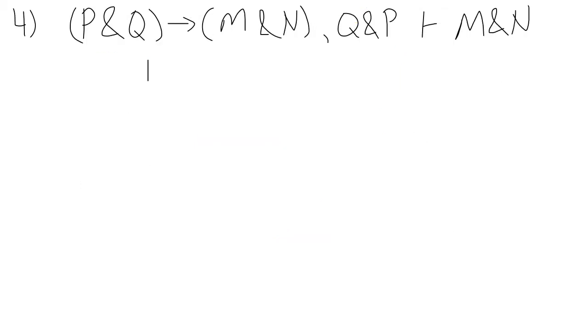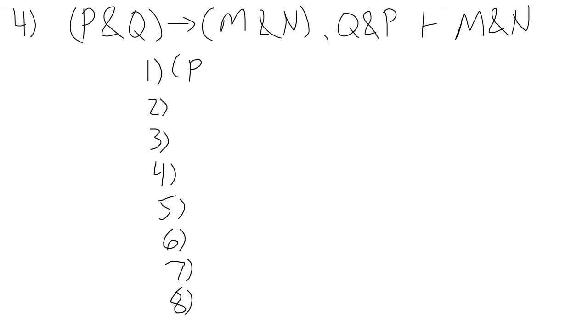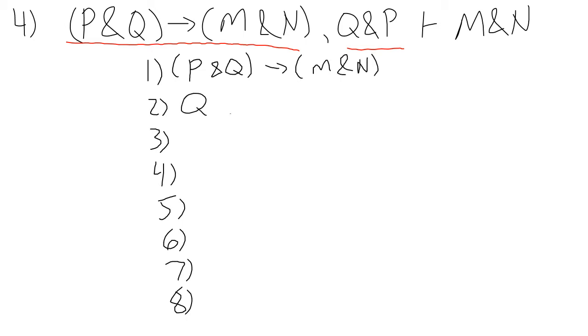All right, start the same way as we have on previous problems. Just start by listing a bunch of numbers. It's down to 8. Put our premises that we get from here in the first 2 lines, those as assumptions.